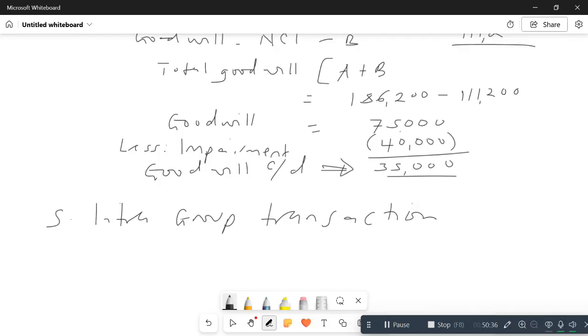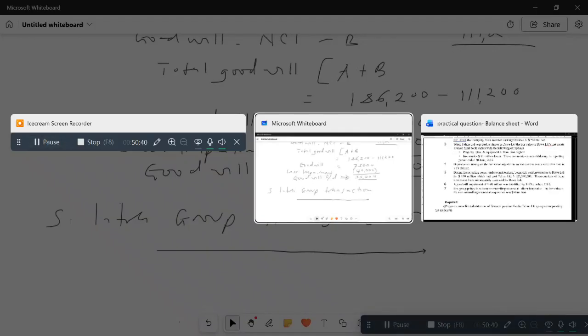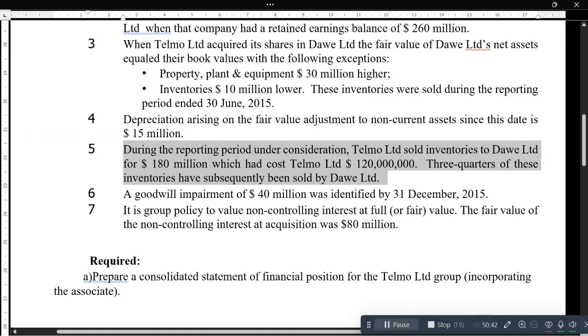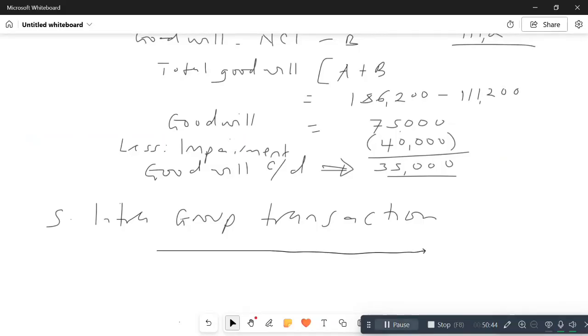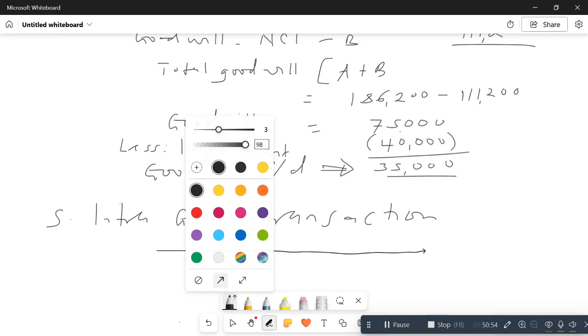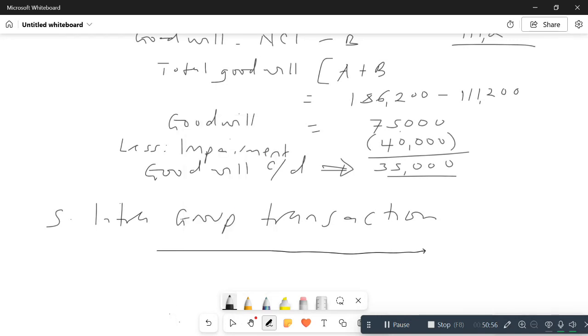Intragroup transaction. Here we are saying Teremo Limited, that's the parent, is selling goods to Dawe Limited.